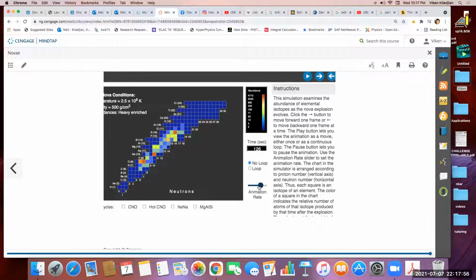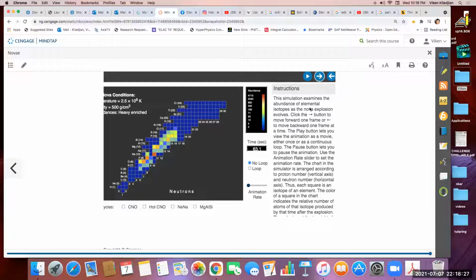Now, if I want to go at a slower rate, I go animation rate slower. Oh no, I think even if you go slower, it looks like it always wants to go to 2, 4, almost 8 seconds, then almost 16 seconds.